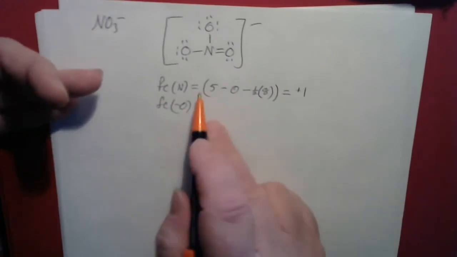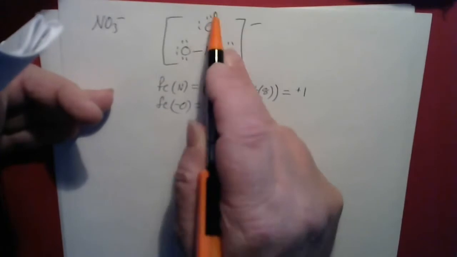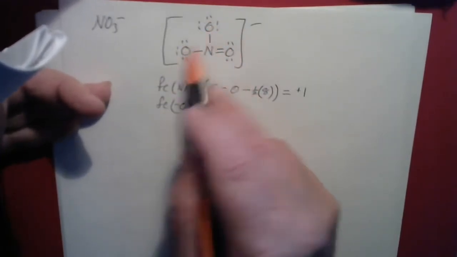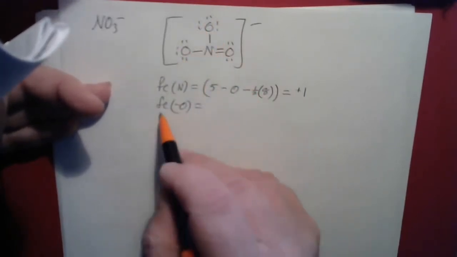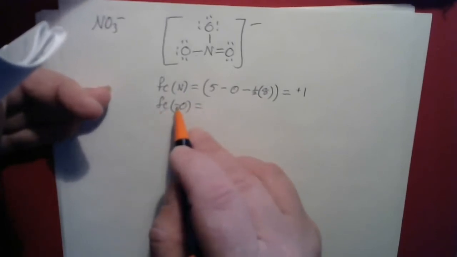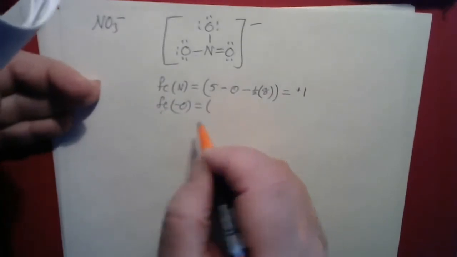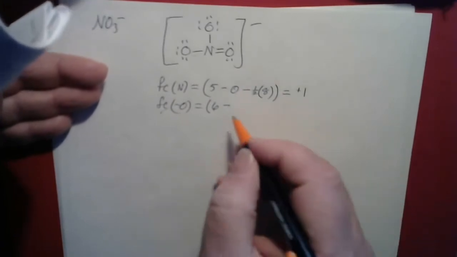The formal charge on the single bonded oxygens. Now, if you look at the structure, both of these single bonded oxygens are exactly the same. They're single bonded to the nitrogen, and they each have 3 lone pairs and 1 bonding pair. So I'm only going to do this once for the single bonded oxygen, and it'll count for both of them. Oxygen normally has 6 valence electrons.